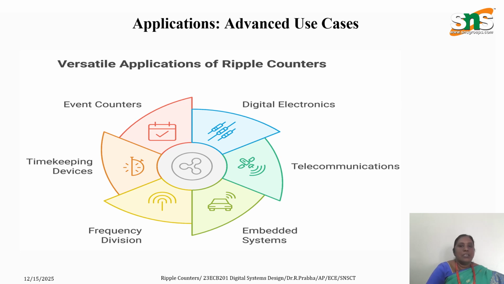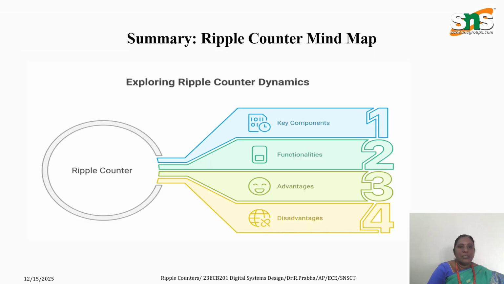And advanced applications are event counters, digital systems, telecommunication applications for frequency division, and timing related devices. Since it is useful in timing related devices, it is also useful for frequency division, and very much useful in embedded systems.